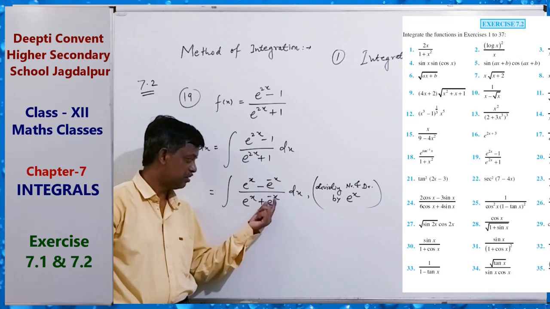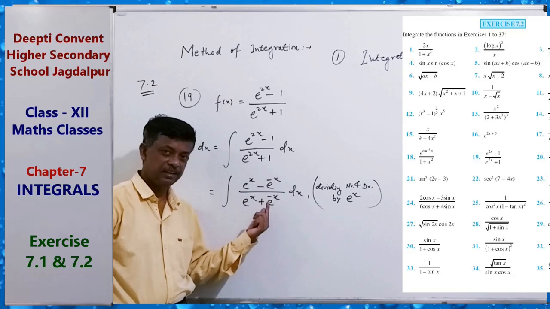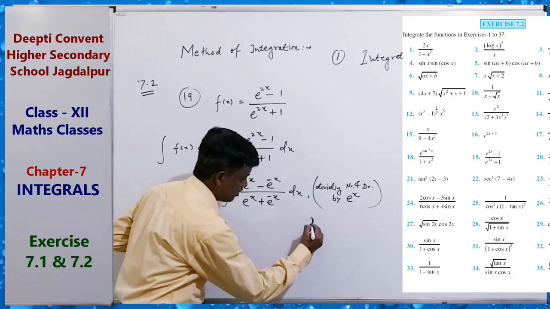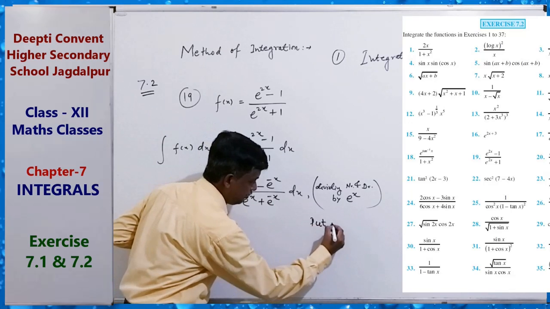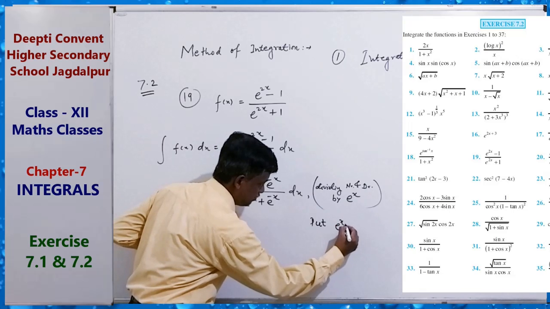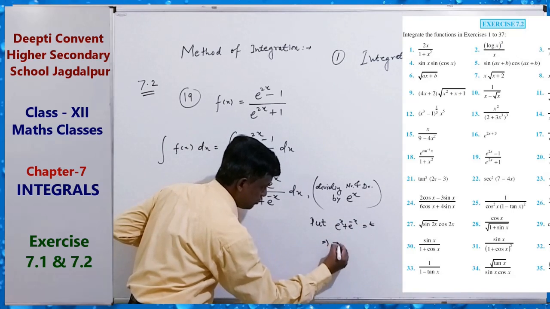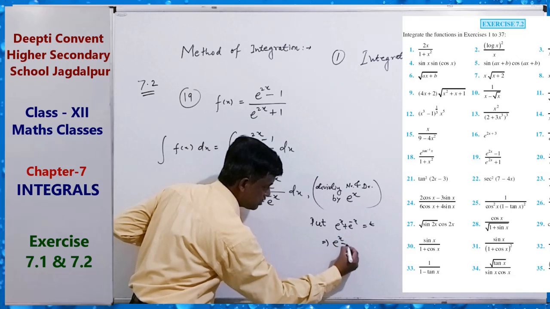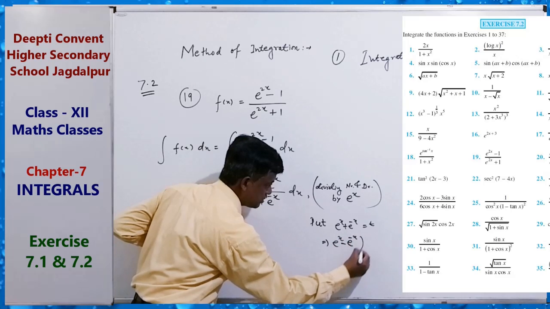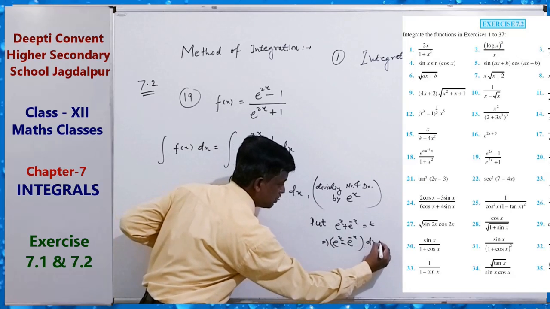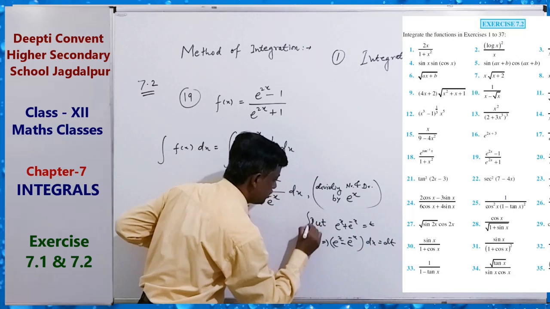So you can put this equal to t. So put e to the power x plus e to the power minus x equals t. The derivative of e to the power x is e to the power x, and of e to the power minus x is minus e to the power minus x. This derivative dx equals dt.